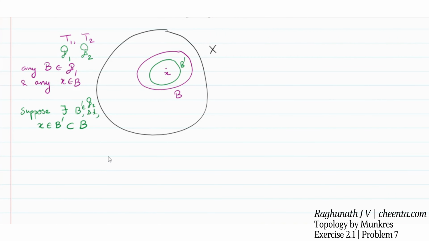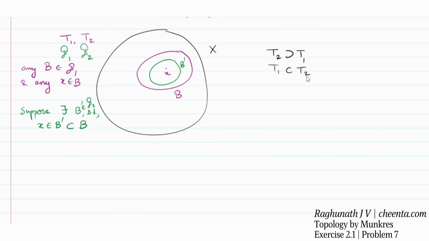Then we say that the topology T2 is finer than T1, or you can also say T1 is a subset of T2, which means any open set in T1 is also an open set in T2.